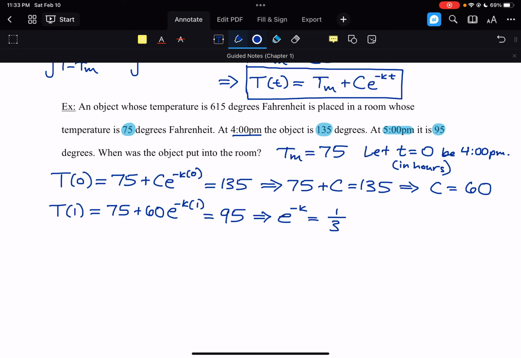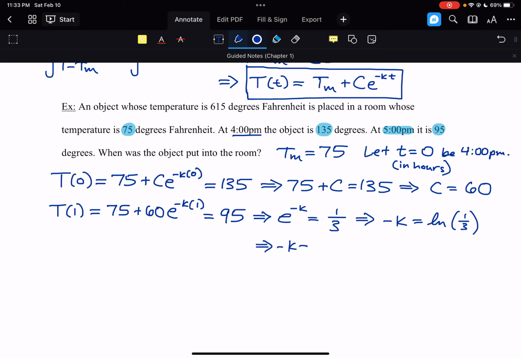Take the natural log of both sides to get rid of this e. So we're going to get negative k equals ln of 1/3. Now, you could just get k equals negative ln of 1/3, but there is a simpler way to simplify that. Because of the properties of natural logs, we can split this up into subtraction because it's a quotient.